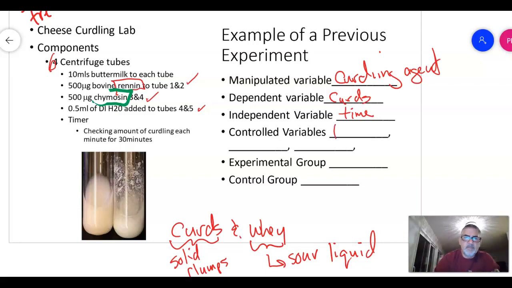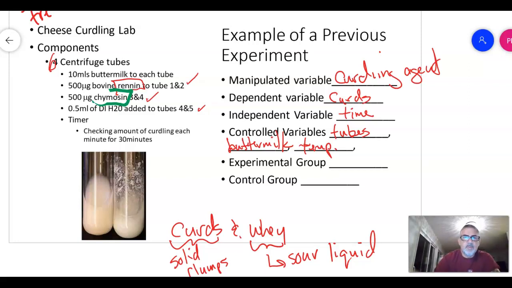We have tubes, we have buttermilk, we have the same temperature, stuff like that.